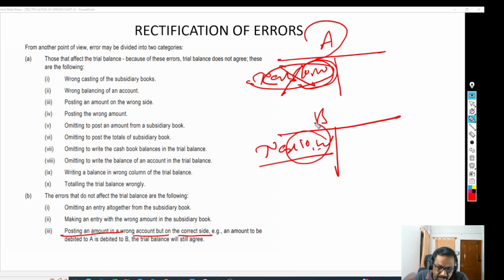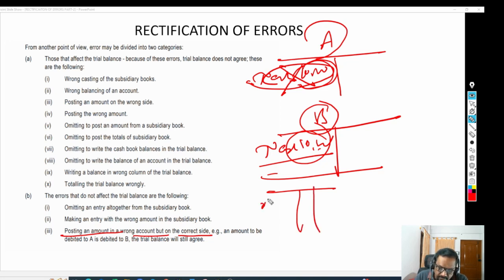Instead of A account, that has been accounted in B. So that is the incorrect entry that got posted. This is also another example to say, though there is an error, your trial balance will tally. Instead of A account, you will be showing B account and 10,000 you debited. That's perfectly fine. Your debit balance is 10,000, credit balance is 10,000, both sides are tallying.